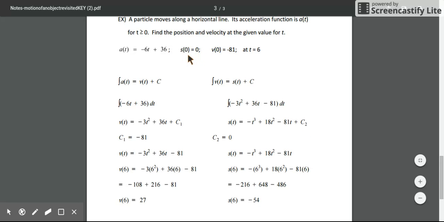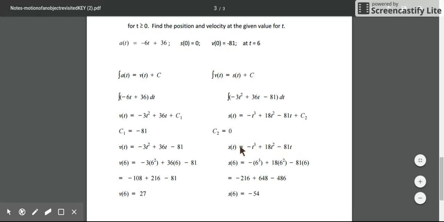If I input 0, my position is 0. So if I substitute 0 into all of my t spots, set it equal to 0 and solve for c, we find that the constant of integration is 0. So when we rewrite our position function in its particular solution form, you could write plus 0 off to the side here, but it's not necessary.